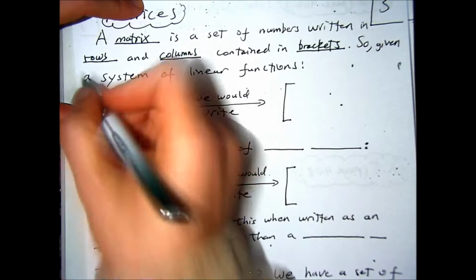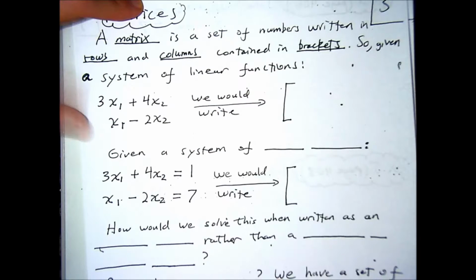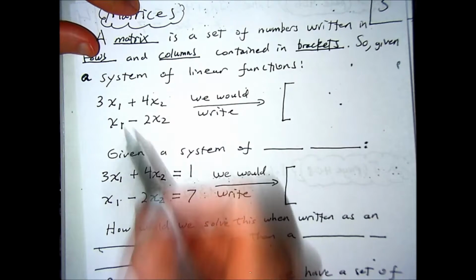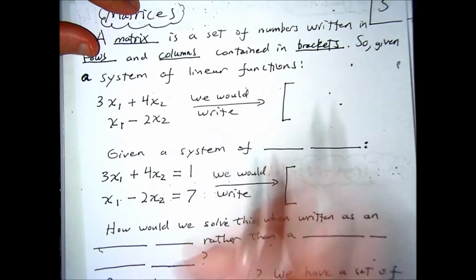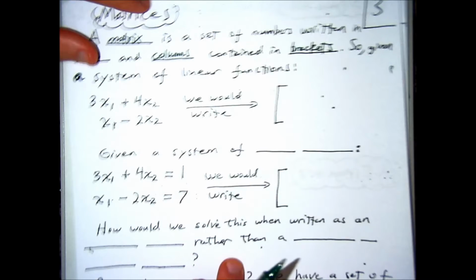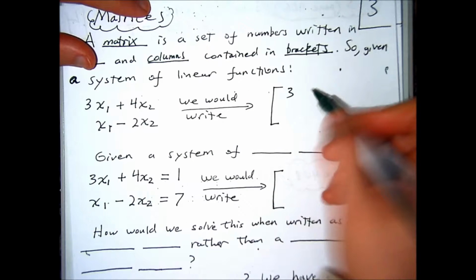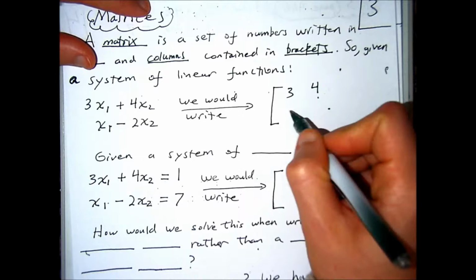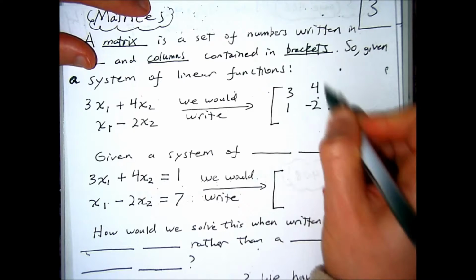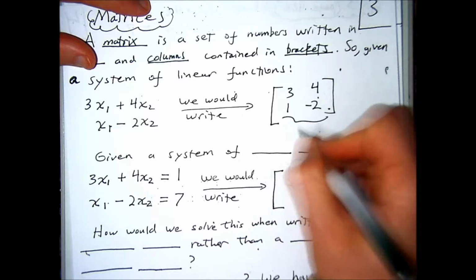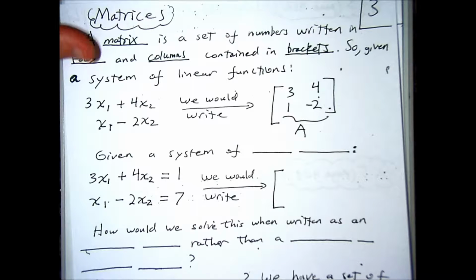So given a system of linear functions, 3x1 plus 4x2, x1 minus 2x2, we would write 3, 4, 1, negative 2. This is a matrix right here. See, what we had before was an augmented matrix, which really isn't what you think of when you think of a matrix as you grow in linear algebra thinking.